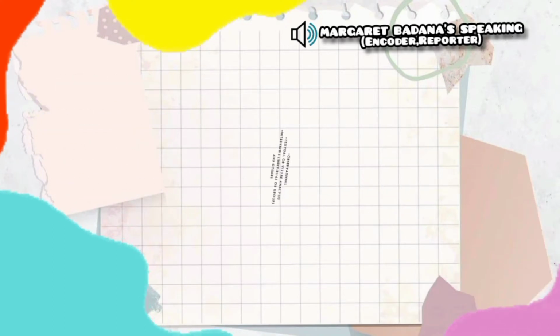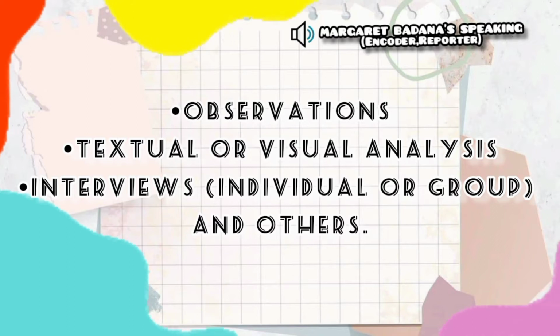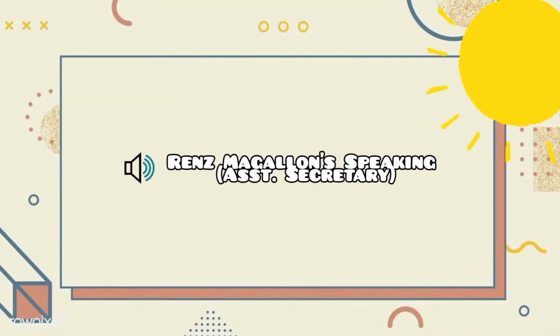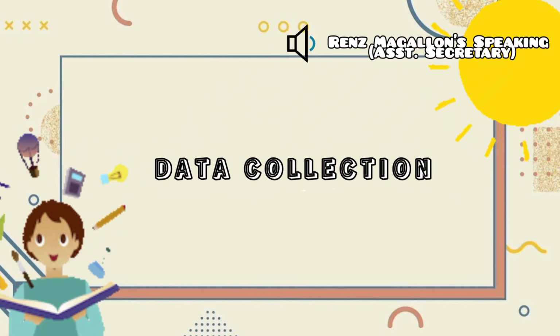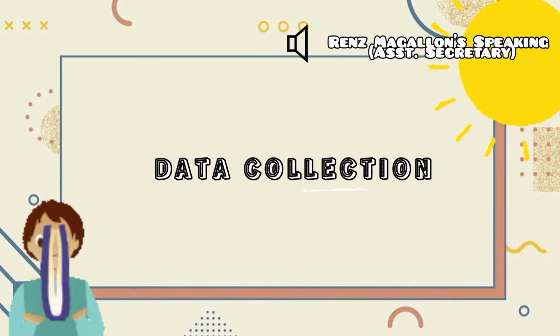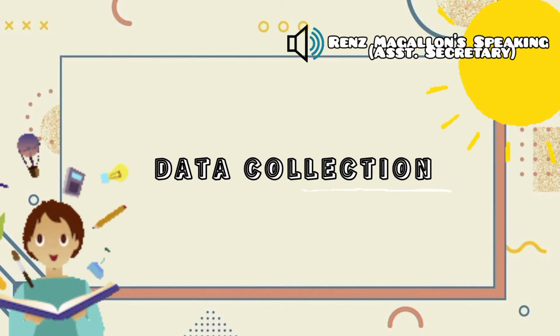There are a variety of methods of data collection in qualitative research, including observations, textual or visual analysis, interviews, individual or group, and others. Having the role of Assistant Secretary, I am Renz Magalon. So, to begin with, there are various methods of data collection, and every researcher must understand how they work in practice, when to use each, and what they can offer in students' individual research.